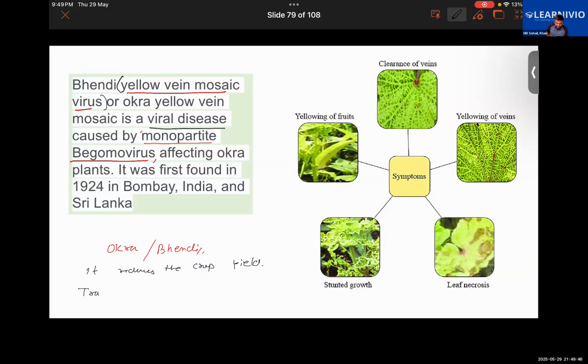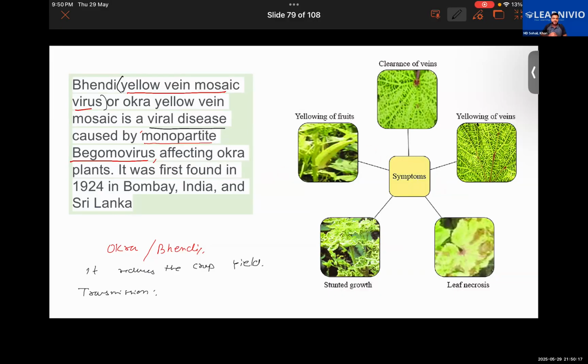Now the question is, how is it transmitted? Transmission means how it is spread, simply. It is spread via insects. How? If an insect is sitting on an infected okra plant, and that same insect were to sit on another plant that is healthy, it will be transferring the virus to the other plant.